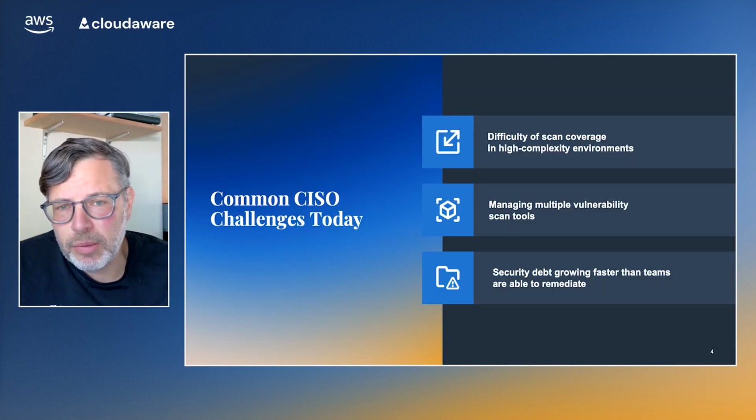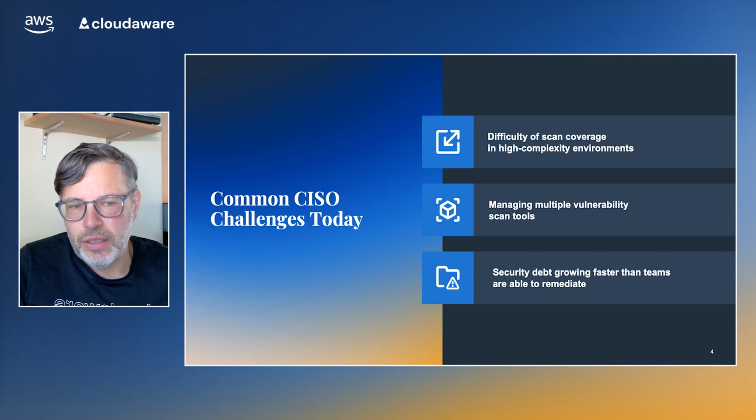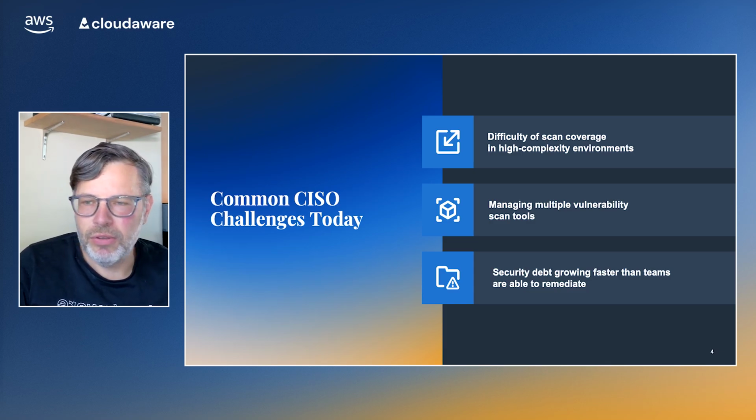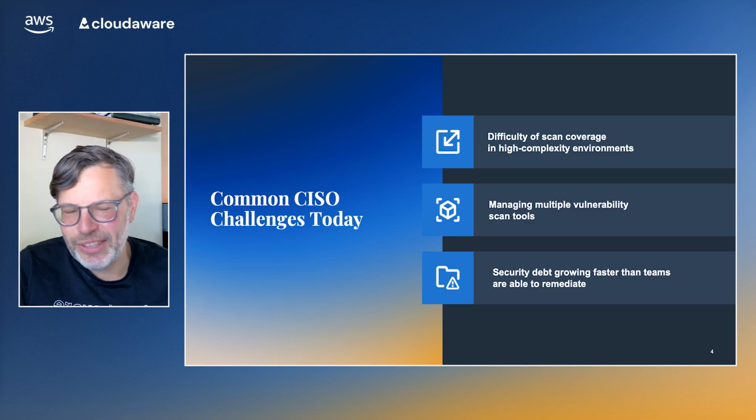And this brings me to the second point, managing multiple vulnerability scan tools. It is pretty much the de facto that I have yet to see an enterprise organization, like a Fortune 500 or a Fortune 1000 organization, that uses a single observability tool or a single vulnerability scan tool.